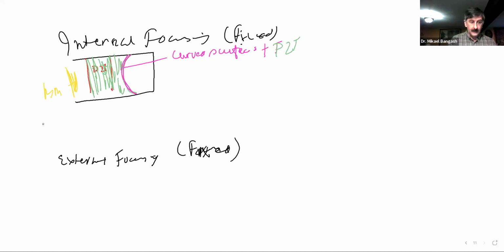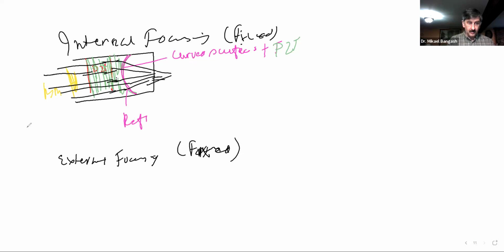We had the electrical signal, it travels, so it becomes sound waves. But as it hits this curve here, this curved surface is actually going to cause the sound waves to refract.